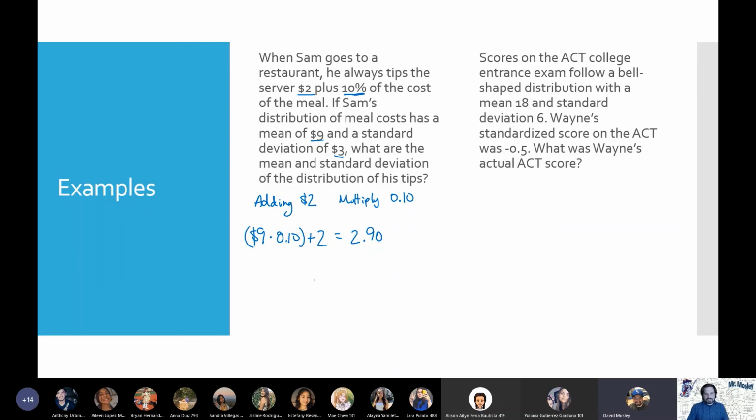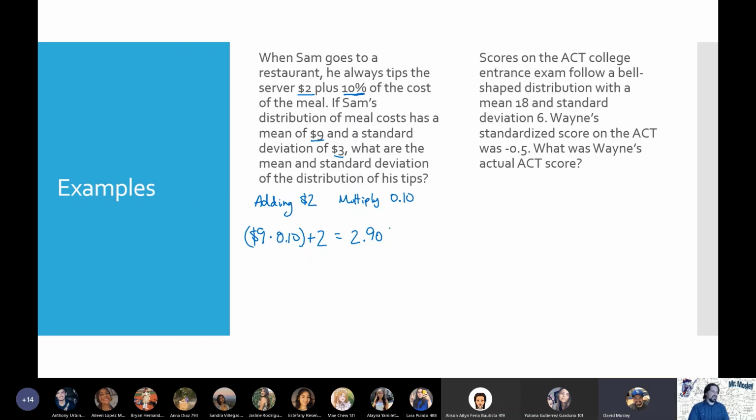The standard deviation, remember, does not change when you add to a distribution. So with the standard deviation, I don't need to add the $2. The only thing that affects the standard deviation is multiplying.